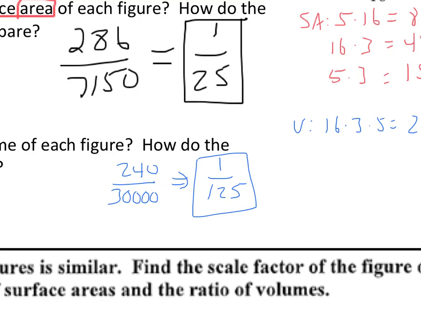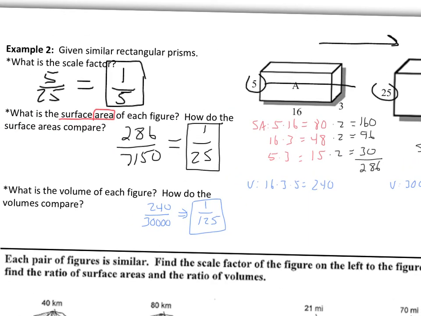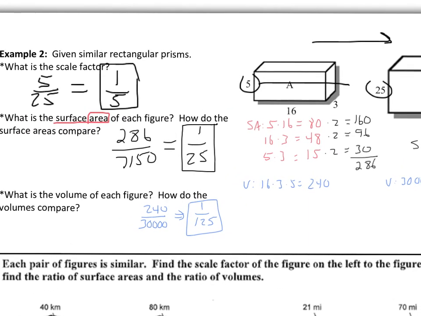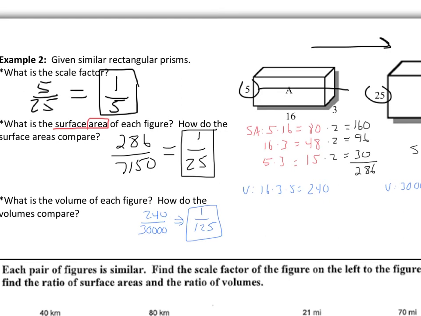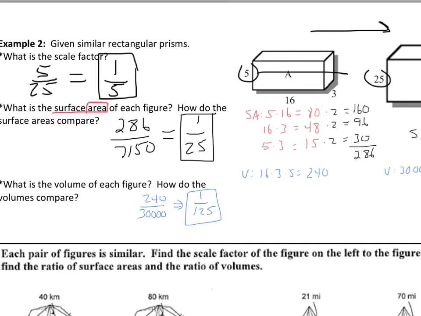All right, so when we look at the 3 results we got here, we have a ratio or scale factor of 1/5, which is a ratio of length. If we square it, we get 1 over 25, which ended up being the ratio of areas.